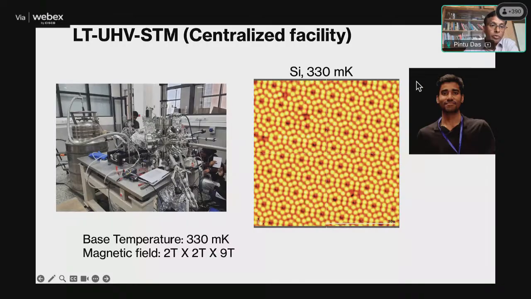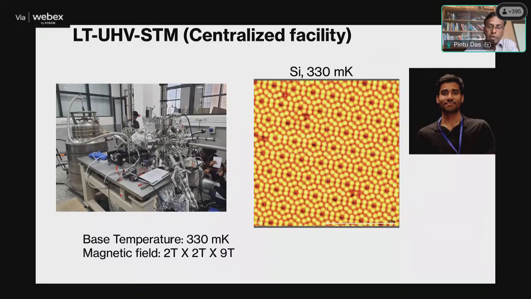Additionally, we are also working with a very nice system that we have established at IIT Delhi, which is an ultra low temperature, ultra high vacuum scanning tunneling microscope, where you can actually do atomic resolution images. The system is capable of going down to 330 millikelvin with a vector magnetic field of 2 by 2 by 9 Tesla.